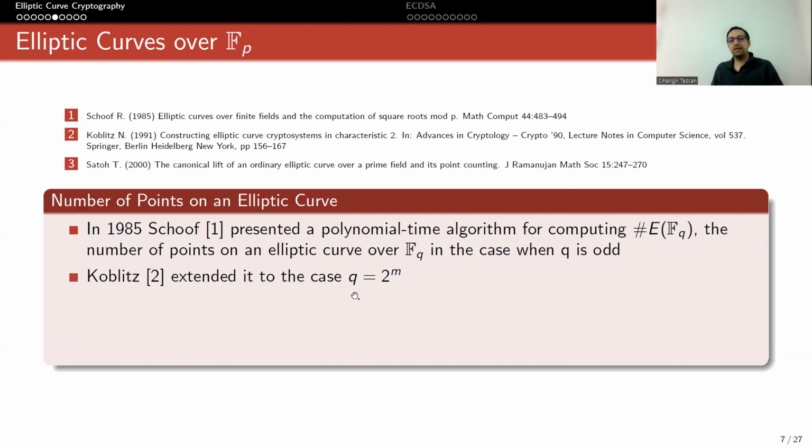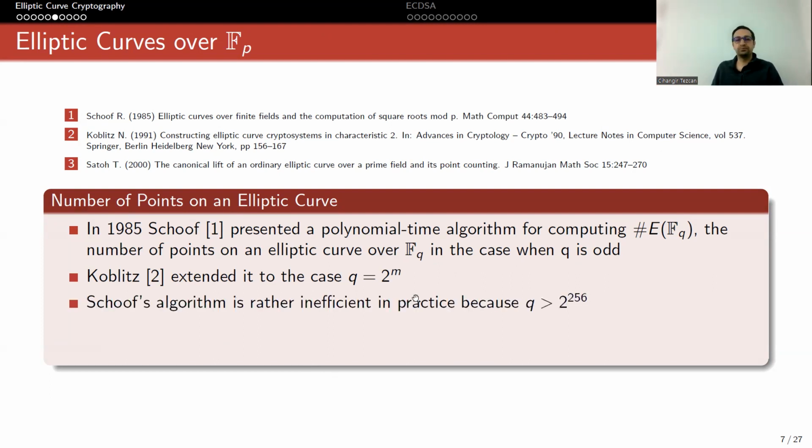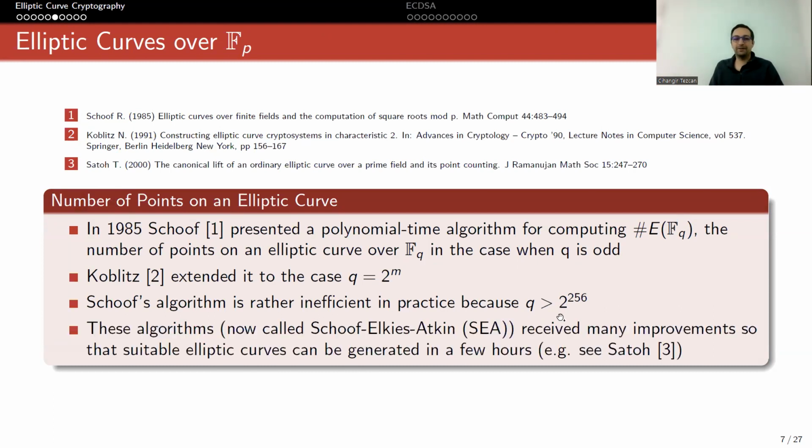Koblitz extended it to the case Q equals 2 to the m. Schoof's algorithm is rather inefficient in practice because Q is really large nowadays. As I mentioned, I need a 256-bit group, so Q has to be larger than 2 to the 256.